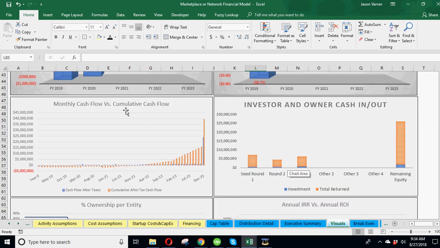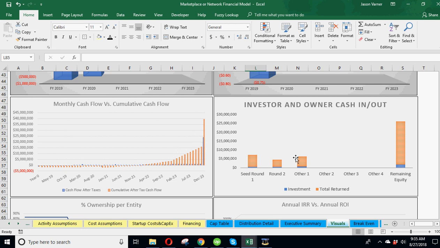We've got our monthly and cumulative cash flow, so you can see every month you have cash flow, and then that accumulates, and you can see you finally start to make some positive cash positions here in the 4th year and 5th year, and then this is obviously the exit.